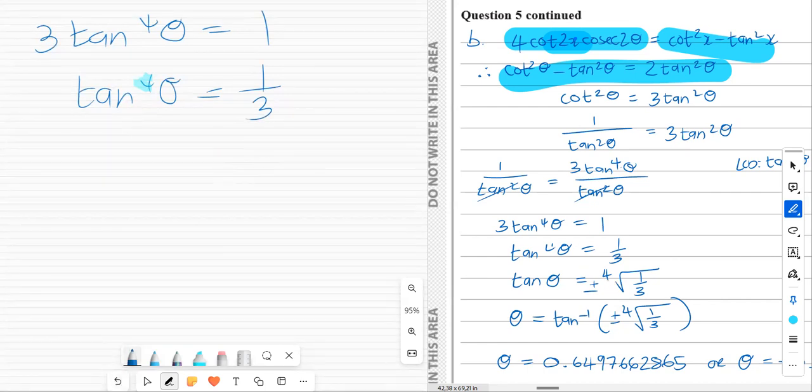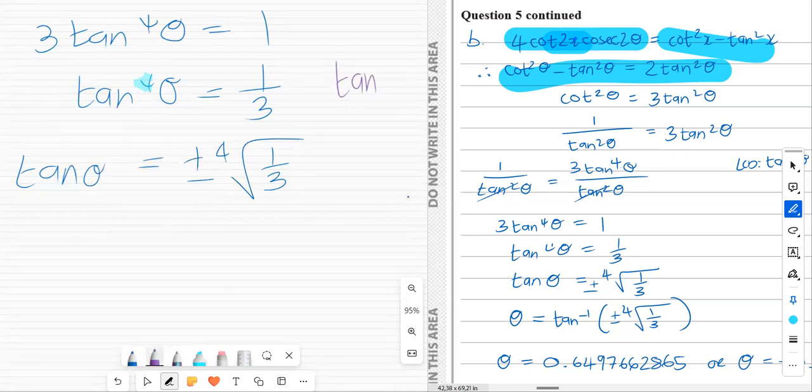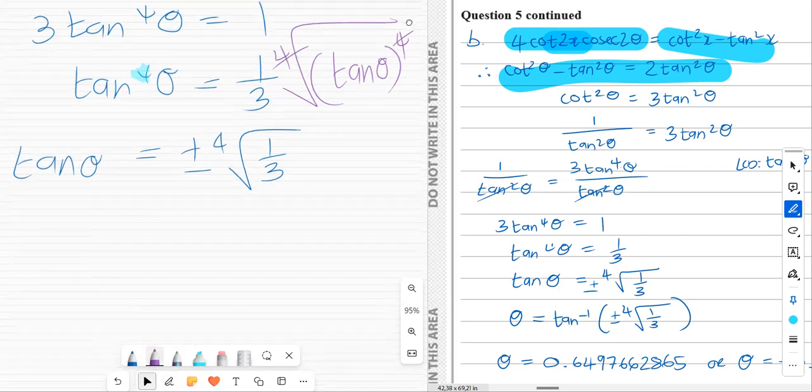Good. So first 4th root it. And there we go. Sorry, my brain just went to sleep for a second there. This is tan theta to the 4. So just to give you an idea, I had to 4th root both sides to get rid of the 4. Okay, good. Here we are.